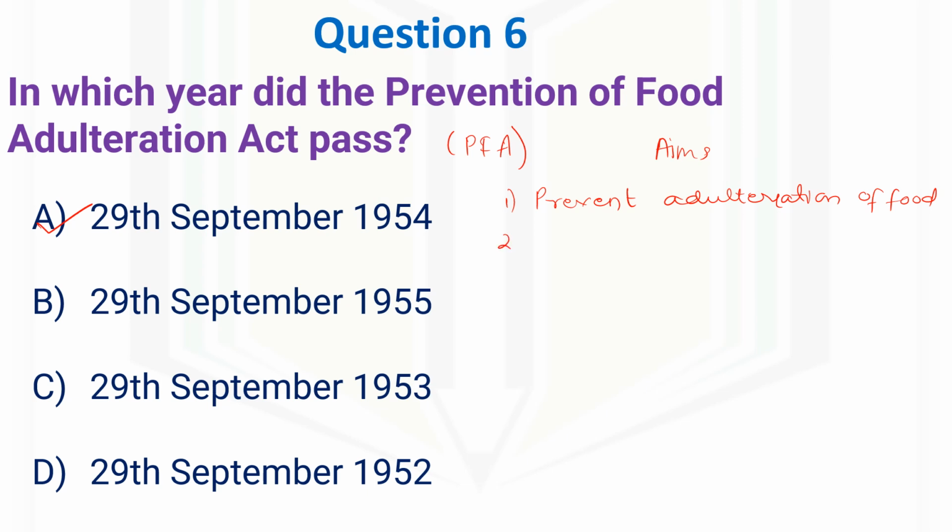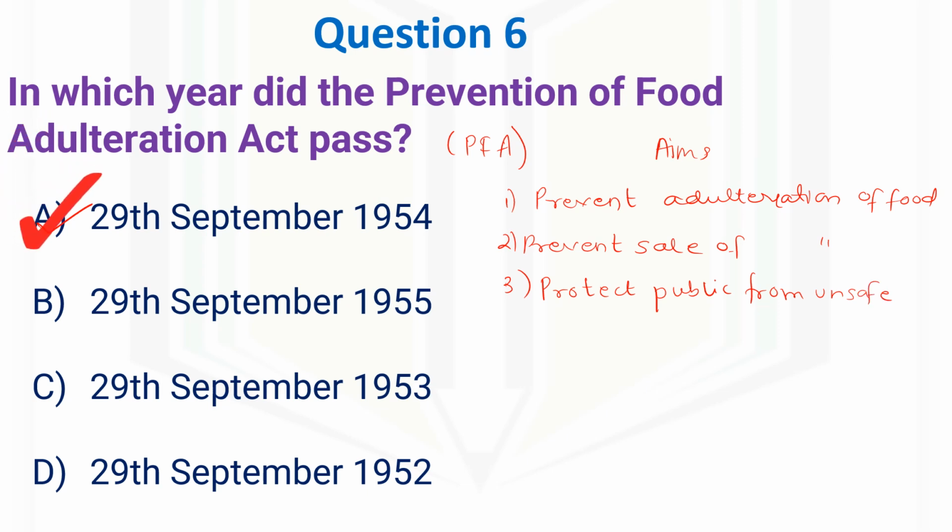Also, it will prevent sale of adulterated food. Thirdly, to protect the public from unsafe or adulterated food.